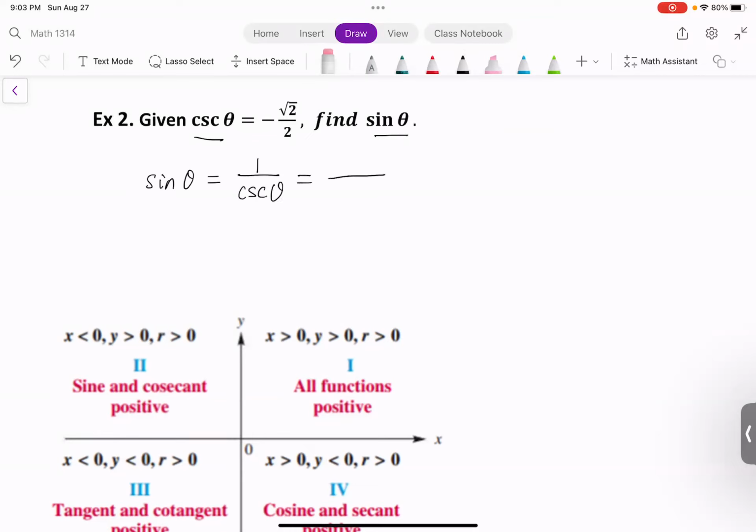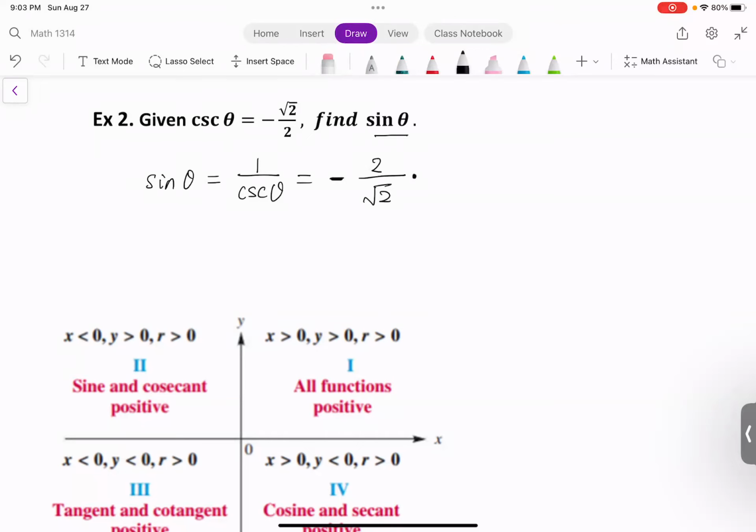I just need to write the fraction upside down, but I need to keep the negative sign, because a reciprocal will not change the value, positive or negative. So bring the 2 to the top, and the square root of 2 to the bottom. Can I keep this fraction? I shouldn't, because the bottom has a square root. So I need to rationalize this expression.